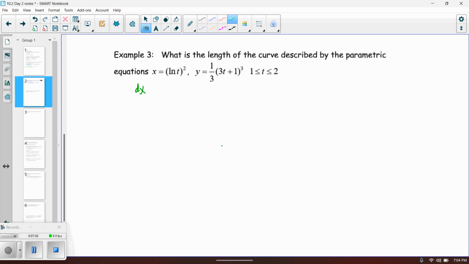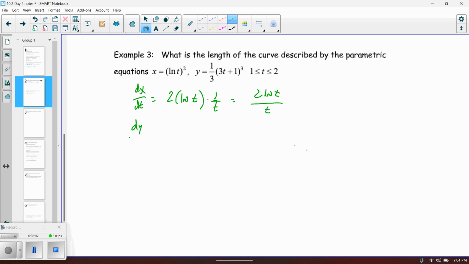So dx over dt. We'll have a chain rule here, so we've got to bring the 2 out to the front. Natural log of t to the first power times the derivative of the inside, which is 1 over t. So we can kind of rewrite that as 2 ln of t all over t.